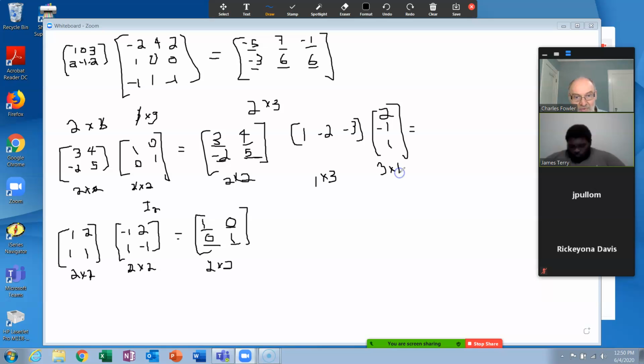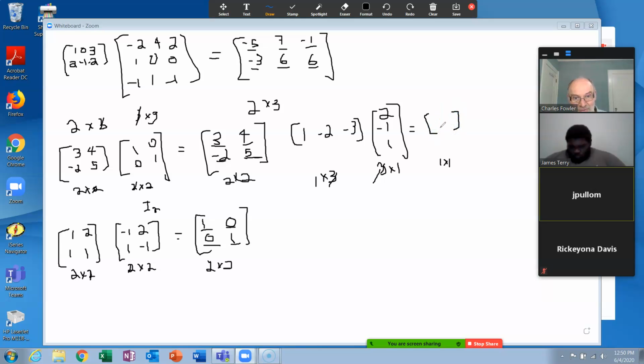Can you multiply those two? Yes, you can, because the 3's are the same, so you can wipe them out. And what size are you going to get as an answer? 1/1, which is just a single number, but because it's a matrix, you still put it in a bracket. So it's a 1/1.